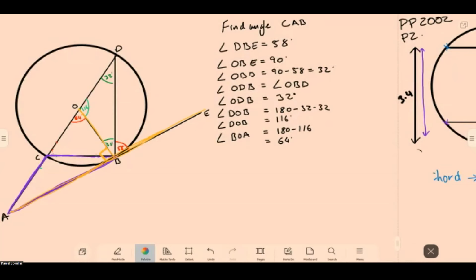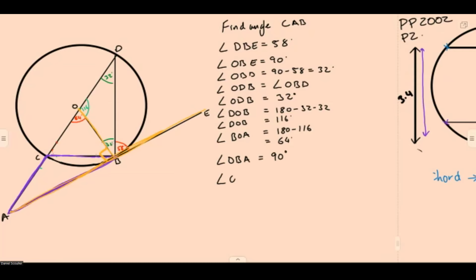Good work. So 64 degrees, angle OBA is equal to 90 degrees because it's a radius meeting a tangent, which allows us to find angle OAB or CAB as well.